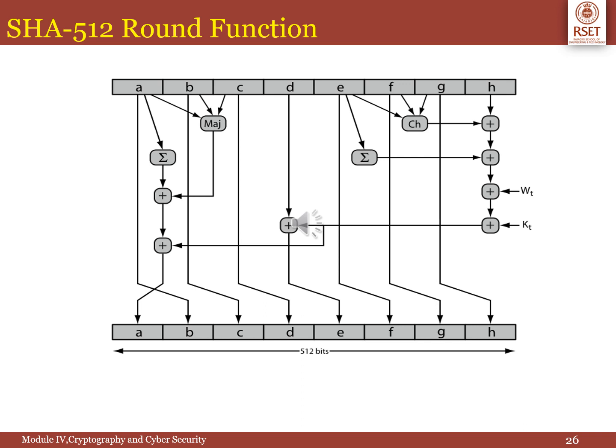Different operations are performed on each 64-bit register before it is passed on to the registers of the next round. There are many operations which are done on these 64 bits using the word as well as the constant K.